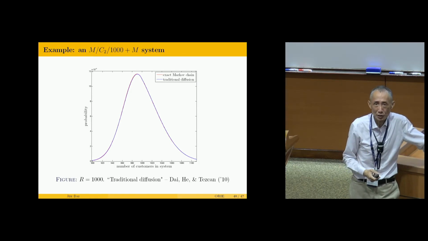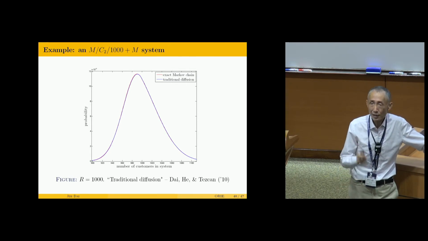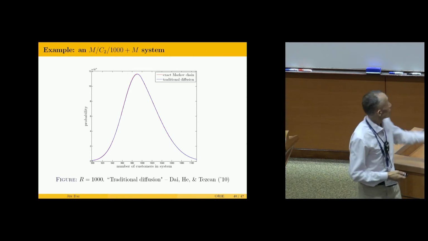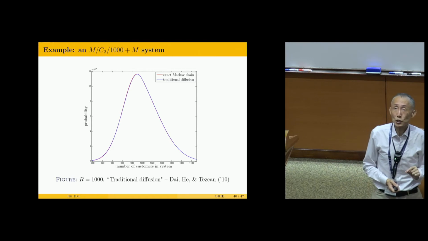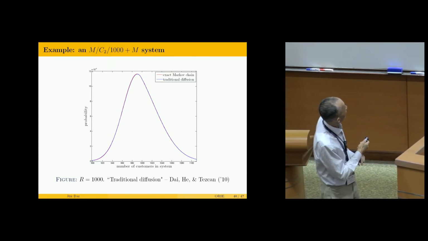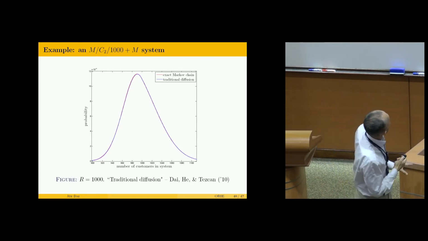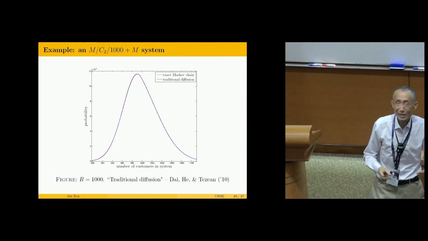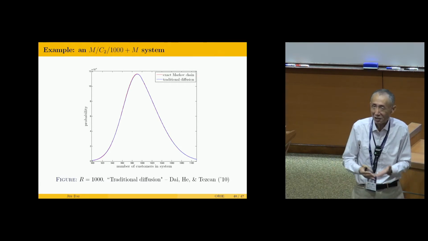I'm not going to get into much detail of the diffusion approximation here. Suffice to say, the diffusion approximation that has been used in the research community for many, many years uses a constant diffusion coefficient. Another one uses a state-dependent diffusion coefficient. Now here are just two curves. In this case, how many servers? 1,000 servers. With 1,000 servers, it doesn't matter which approximation you use, because it's closer to the limit.